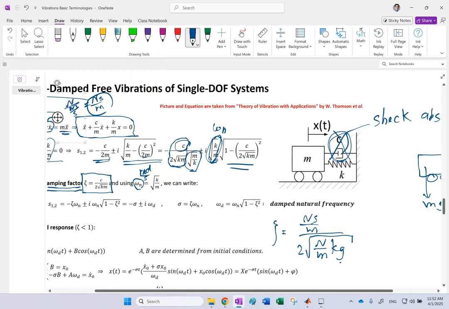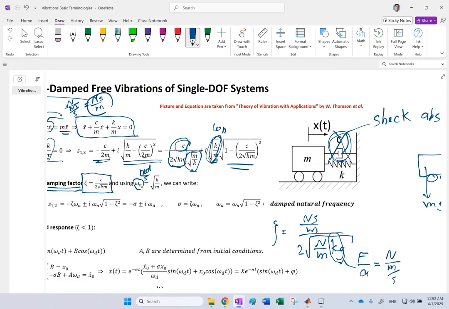Now kilogram, because it's mass, you can write as F over A, where F is Newton and A is meter per second squared, so you can write it as Newton second squared per meter. That's another way to write it. So this is Newton second per meter, and this is 2 square root of Newton times Newton second squared over meter, and there is another meter here, so it's going to be meter squared.